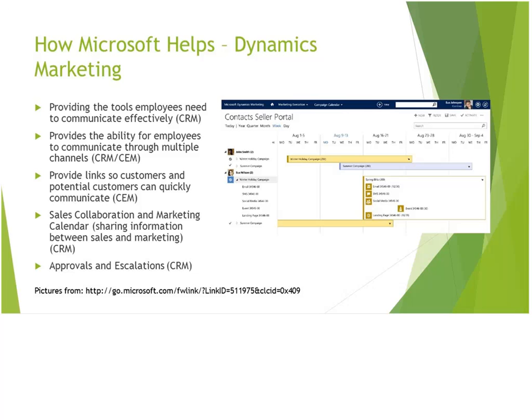Right? They've got full access to that information. They can communicate effectively with the customer and make sure the customer's getting the best information possible from the marketing department. So again, I've labeled this as a customer relationship management enabler. This is how Dynamics Marketing helps managing the customer relationship, again, from the employee side, in this case from the sales department side, and helping marketing get their message out about the kinds of activities they're doing.